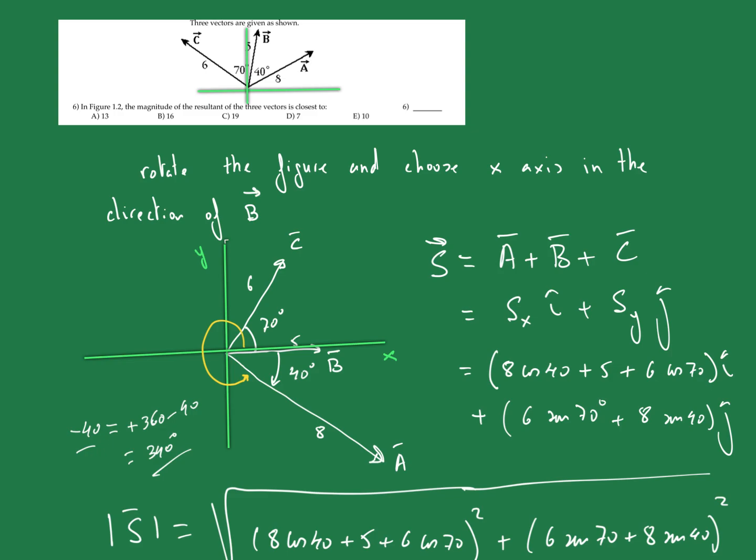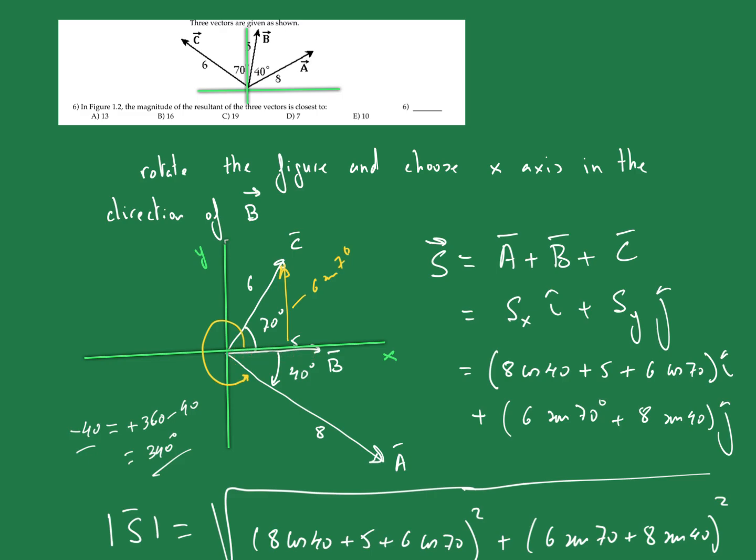Now let's do it in the Y direction. In the Y direction, I see 6 sine of 70. The sine is this part, okay? 6 sine of 70 is this height. So to calculate Sy, I see how much is in the Y direction. The B doesn't produce anything in the Y direction, it lies completely on the X direction.